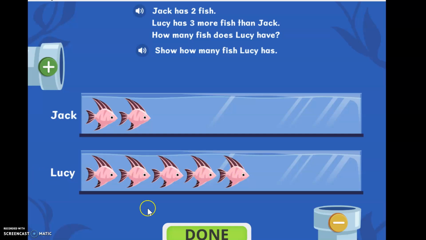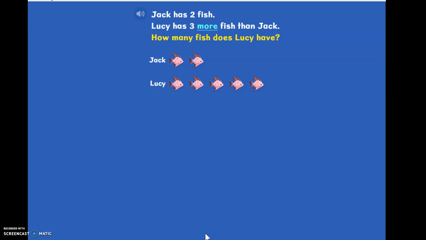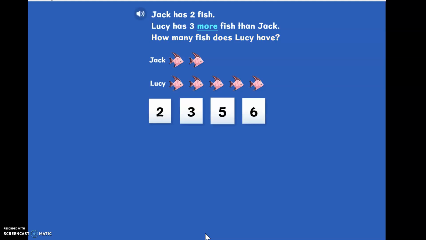So Lucy has 3 more fish than Jack. How many fish does Lucy have? So looking now, it's almost like our graphs that we've done. She has 5. How many fish does Lucy have? Lucy has 5.